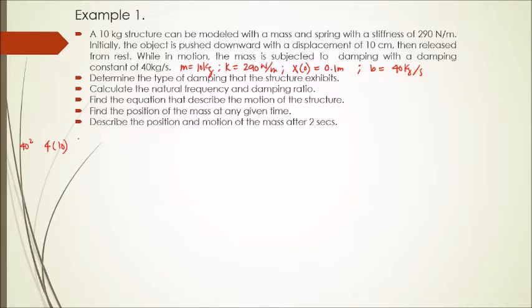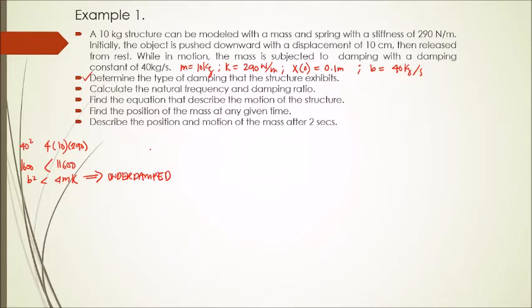Remember the SI units should be the same for all. So this is equal to 1600 versus 11600, meaning b squared is less than 4mk. It means that the type of damping here is underdamped. So that's the answer.